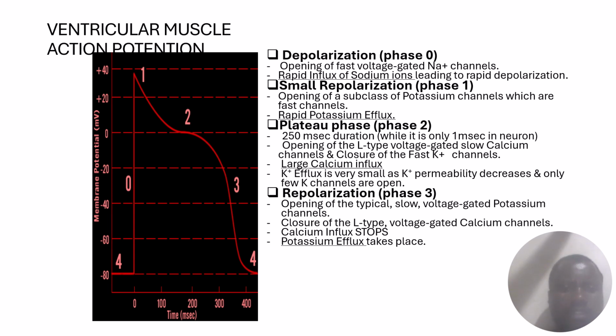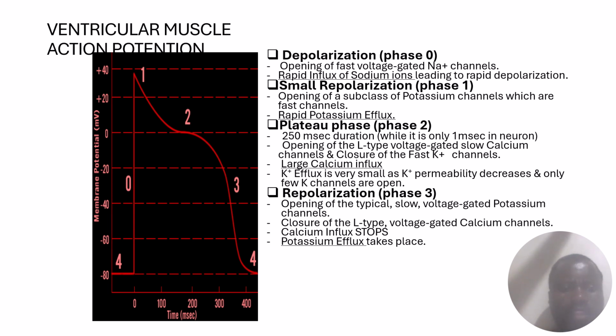The phase zero depolarization is a result of the opening of voltage-gated sodium channels, like in a nerve. But the sharp repolarization is a result of transient potassium channels that open fast and close fast. Within the same period, calcium channels also open. As a result, there is an influx of positive ions, balanced by the efflux of potassium ions.